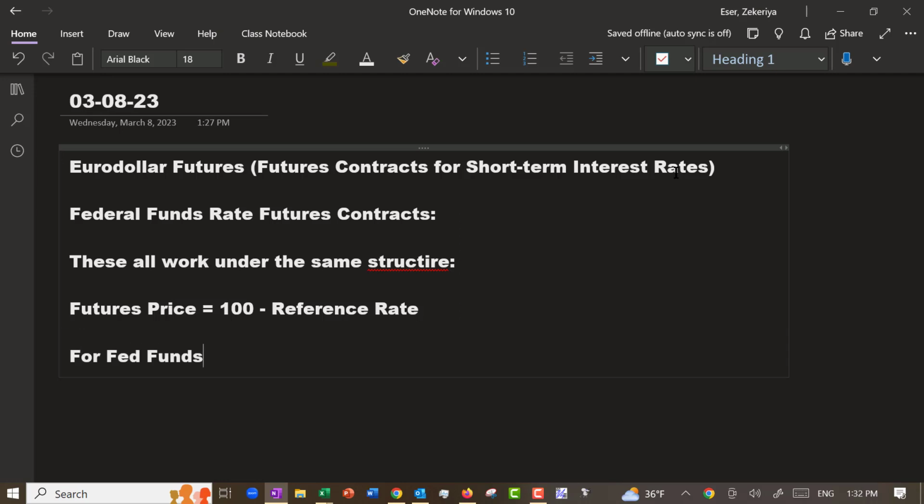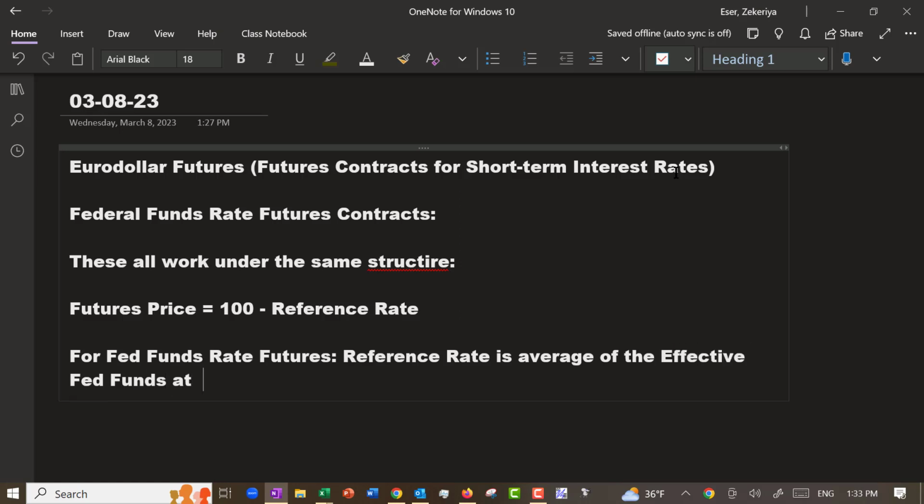For Fed funds rate futures, the reference rate is the average of the effective Fed funds rate during the contract month.